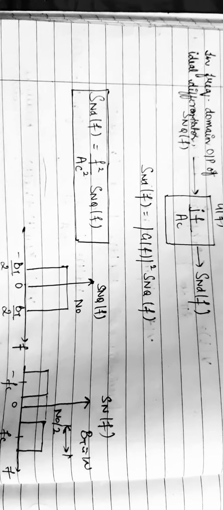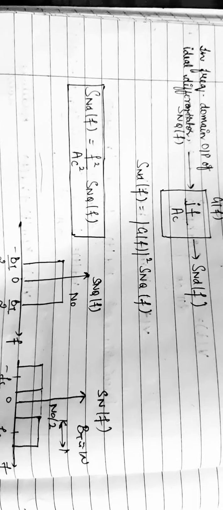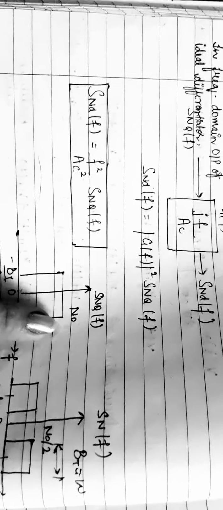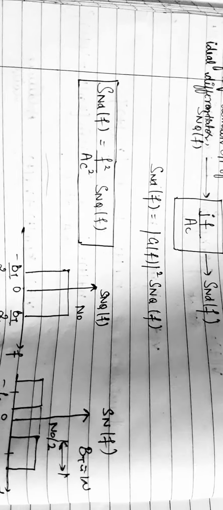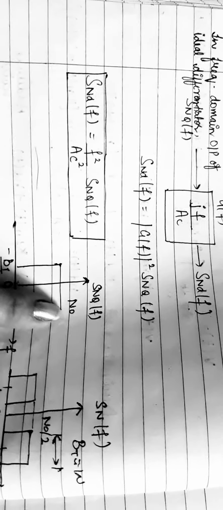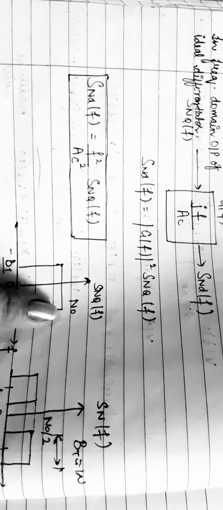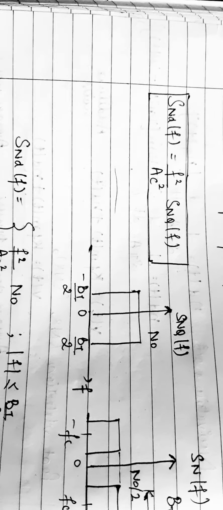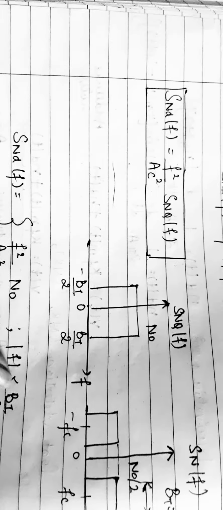Now here we can see the power spectral density of the quadrature component is identical to the low pass characteristic, having N0 between minus BT by 2 to plus BT by 2, where N0 is your average noise power per unit bandwidth. Now here we get S_nd(f), that is f squared upon Ac squared N0, when f is less than or equal to BT by 2, and 0 elsewhere.